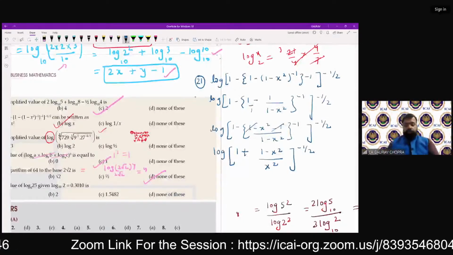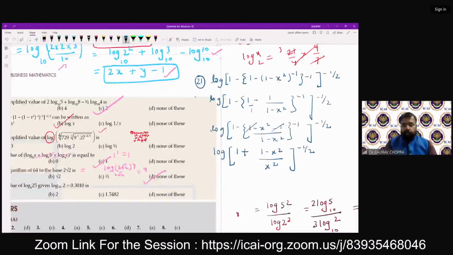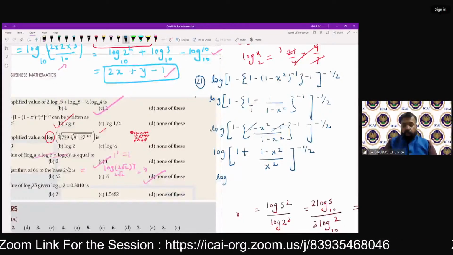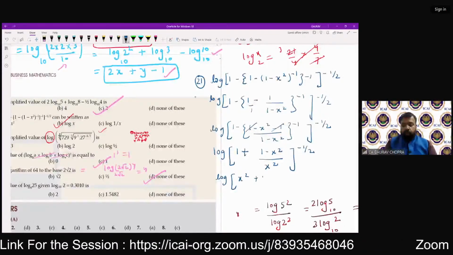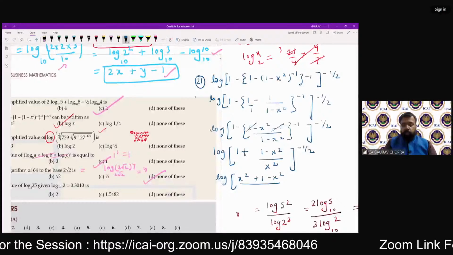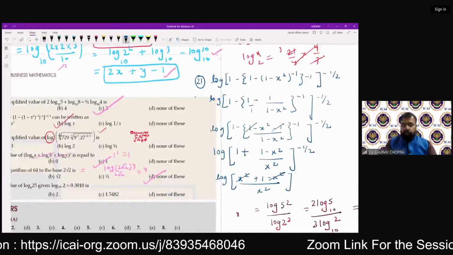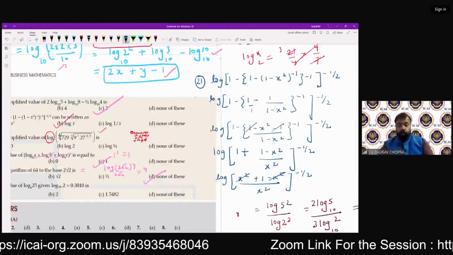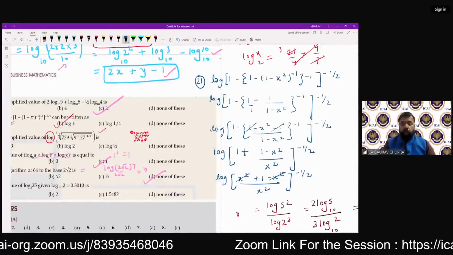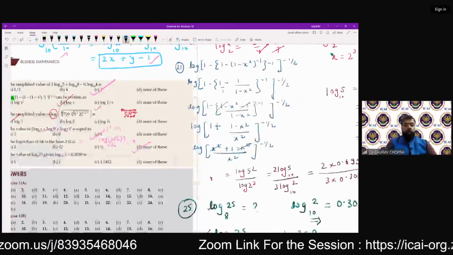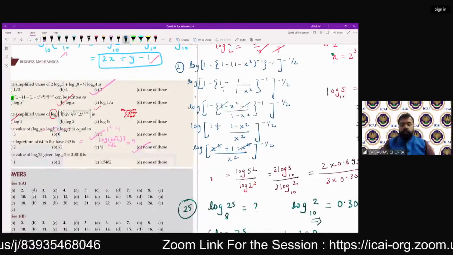So again you will take the LCM, तो फिर से आप क्या करेंगे, एलसीएम लेंगे, log of x square plus 1 minus x square upon x square, so x square will get cancelled. So अभी हमारे पास क्या आ चुका है, log of 1 by x square and whole to the power of minus half.